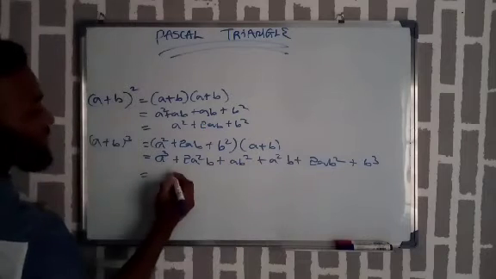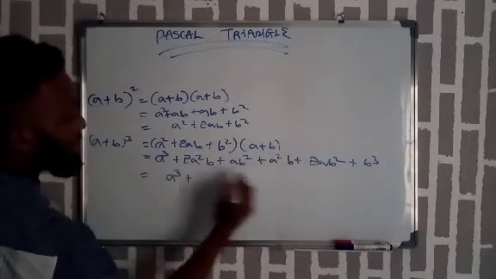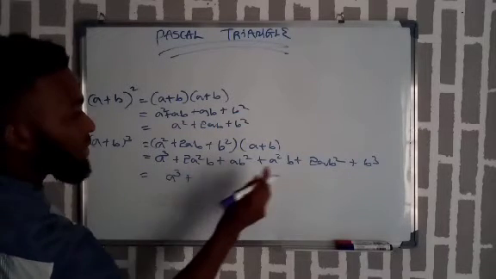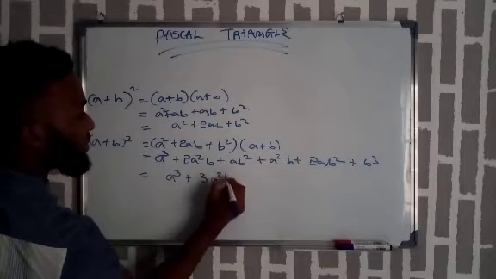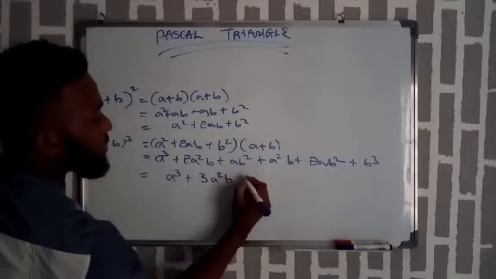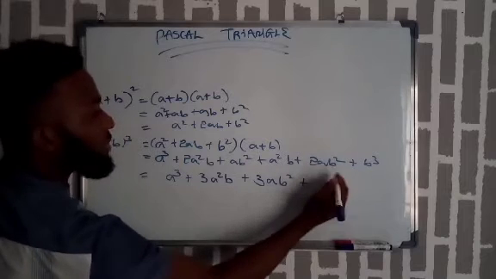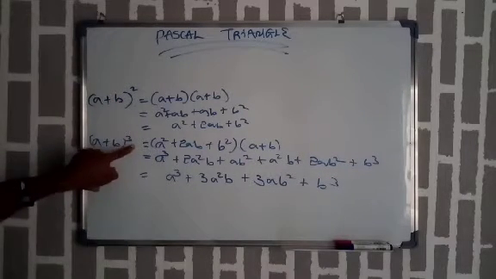Then you come back and start summing up: a cube, then this and this becomes 3a square b. Then this and this becomes 3ab square. Then this becomes b cube. So look at the long process we use to get this.